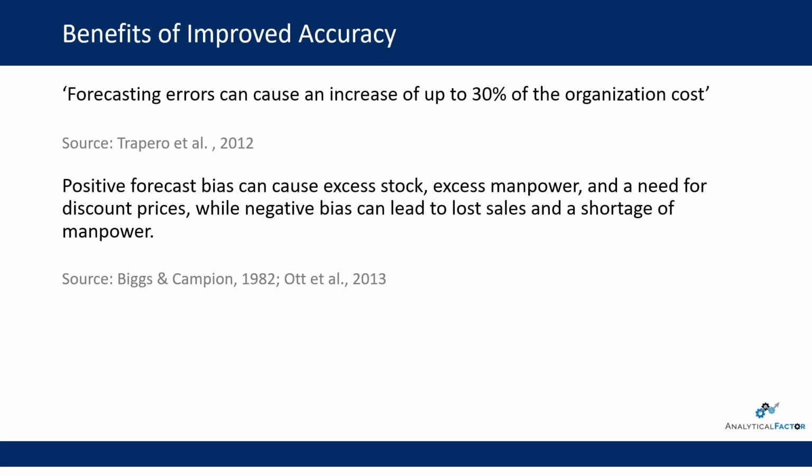On the flip side, if you've got insufficient availability on a specific product on a specific date, you're losing sales, potentially losing market share, and there are a bunch of rippling effects. So there are real world implications to good and poor accuracy.